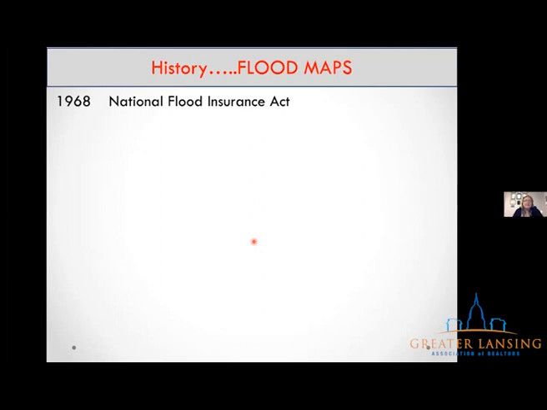So in 1968, a federal law was passed, and again, it was at the national level. And you would have never seen a flood map prior to 1968, because this is the law that gave the power to the federal government, to FEMA, to actually create flood maps.